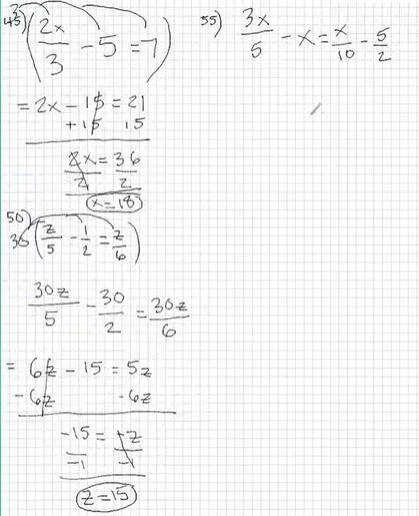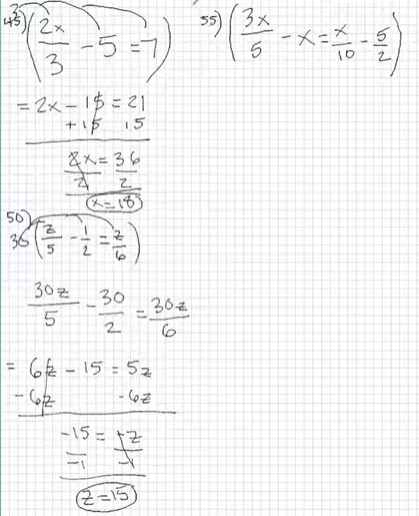And then the last problem, again, you want to multiply the whole thing by a common denominator. In this case you have 5, 10, and 2. Well, we know 5, the next 5 will be 10. And then there's an imaginary 1 on the x, and then you have 10 here. And we know that 2 will eventually hit 10.